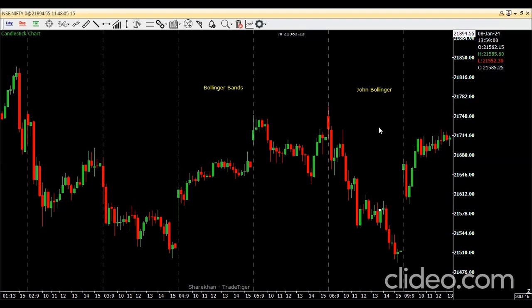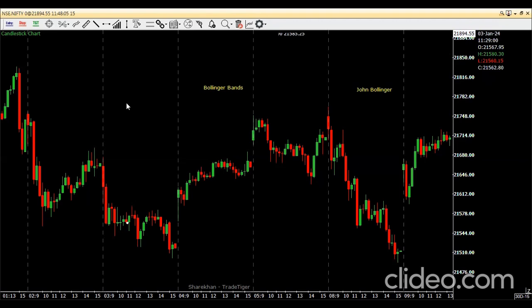The middle one is the moving average line, and two lines are above and below. One is above the moving average line, one is below the moving average line. So it is basically the upper band and the lower band. It represents the standard deviation of the particular stock or company, or crude, natural gas, gold, silver, copper, anything. Any script you can implement this on.